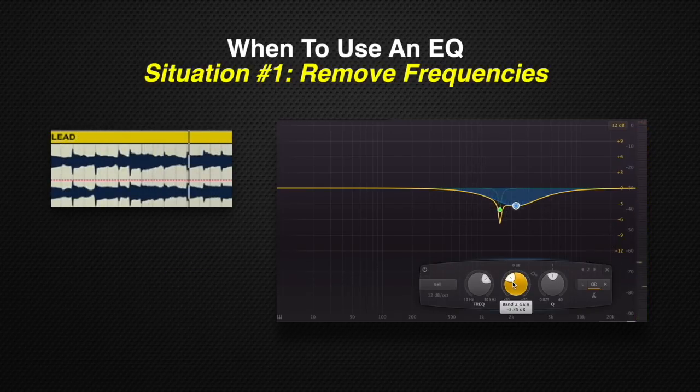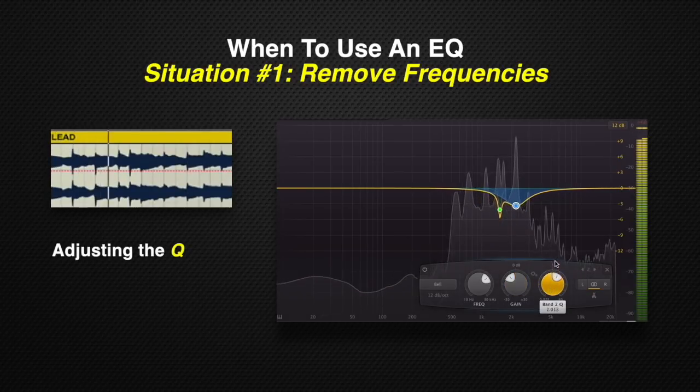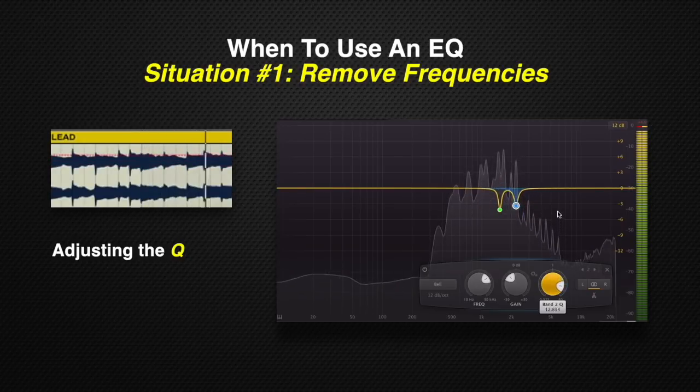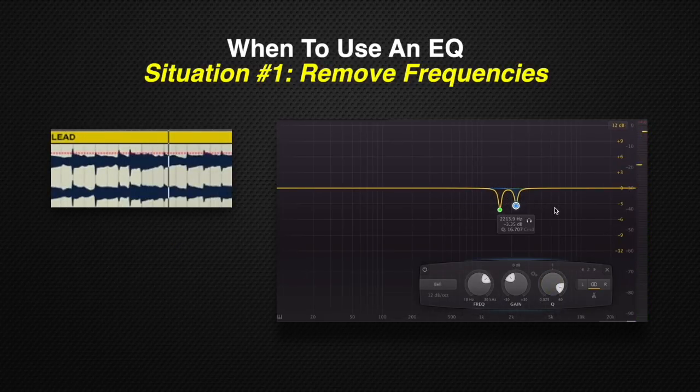So around 3.3 decibels of gain reduction is where I hear the ringing lessened, but still the power is being taken away because we have this broad Q. So let's raise the Q. A Q of around 16.7, so very narrow Q, is where I can hear the power of the synth still come through and the ringing frequencies lessened.